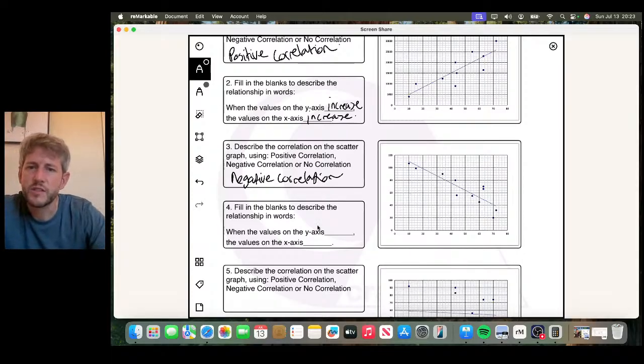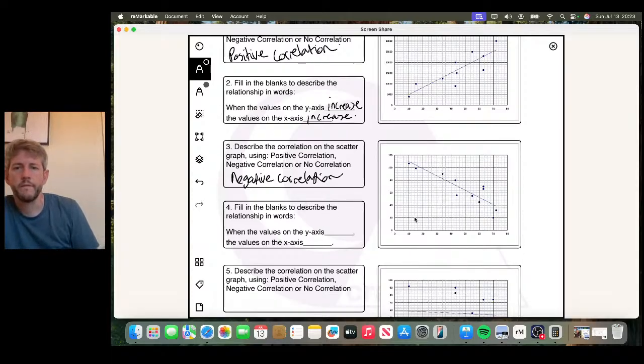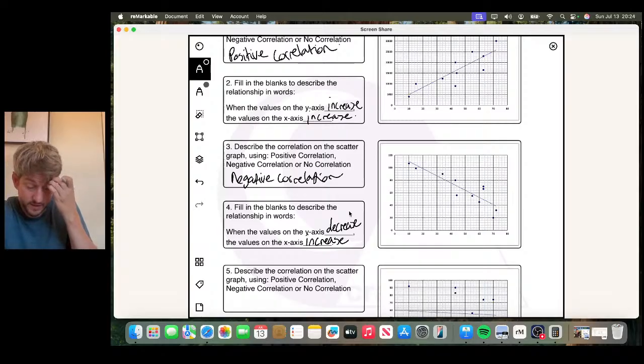Fill in the blanks to describe the relationship in words. When the values on the y-axis decrease, I'm going to go for. It doesn't matter as long as these are opposite. The values on the x-axis increase. Okay.